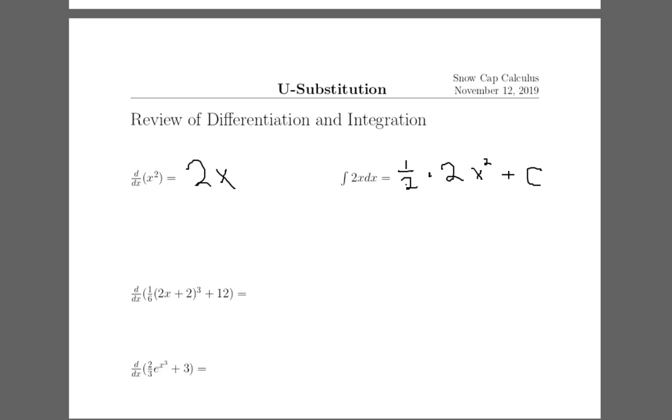We'll see that doing U-substitution is kind of like the inverse of doing a chain rule. So when you're doing a differentiation, you do a chain rule when you have basically a function within a function. And you'll see that the U-substitution is used to do a reverse chain rule almost.